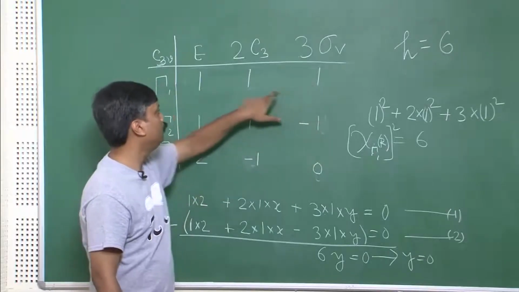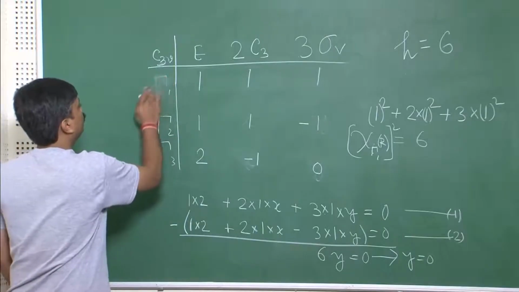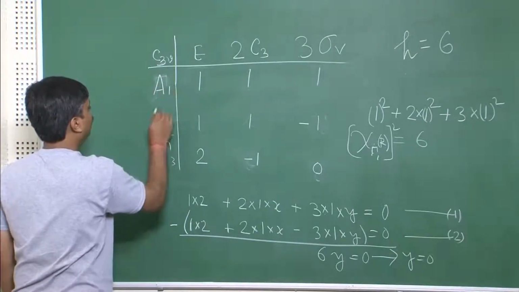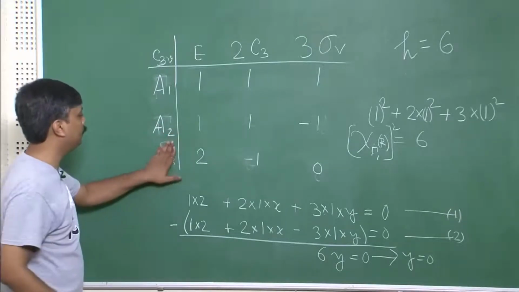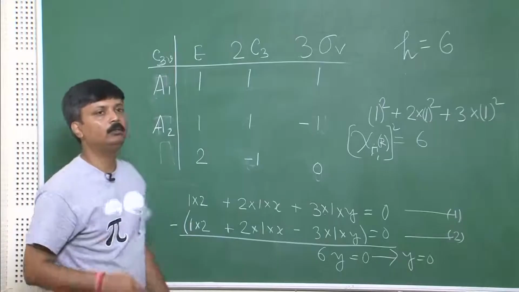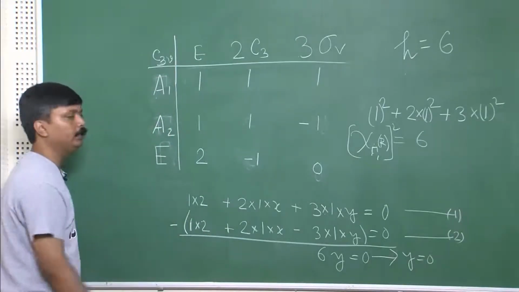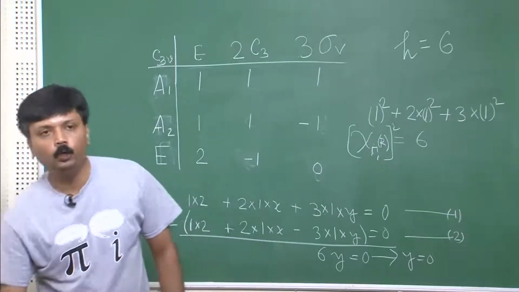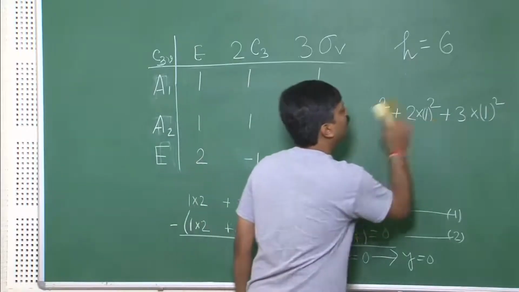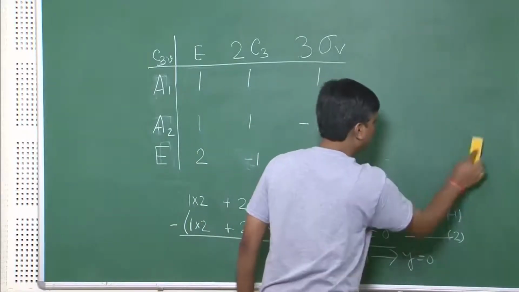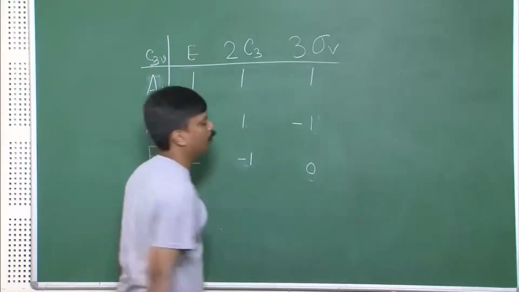So this one will be A1 and this one will be A2, and the two dimensional representation is denoted by the term E. This point group does not have any inversion symmetry, so I do not have to worry about adding Gerade or Ungerade terms.